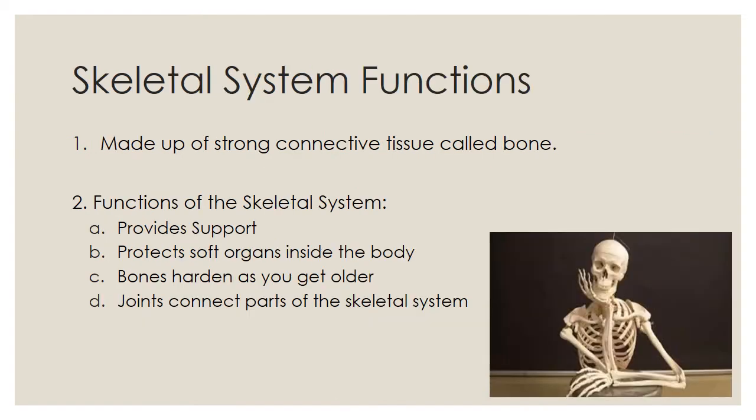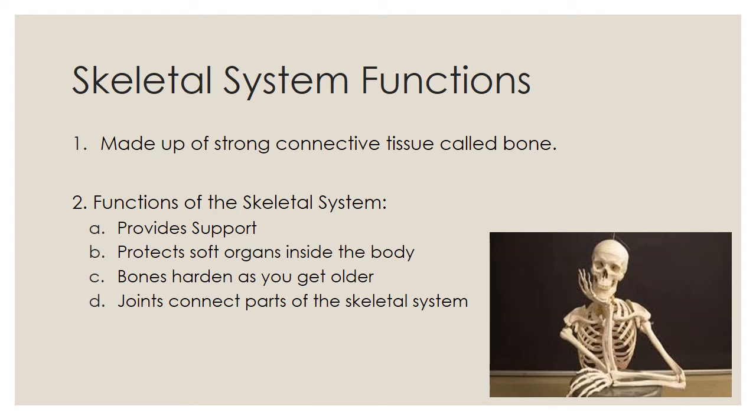Okay, so getting into the skeletal system. First of all, the skeletal system is made up of strong connective tissue called bones. The main functions of the skeletal system are that it provides support for our whole entire body. Not only does it provide support, but it also protects our soft organs inside of the body.